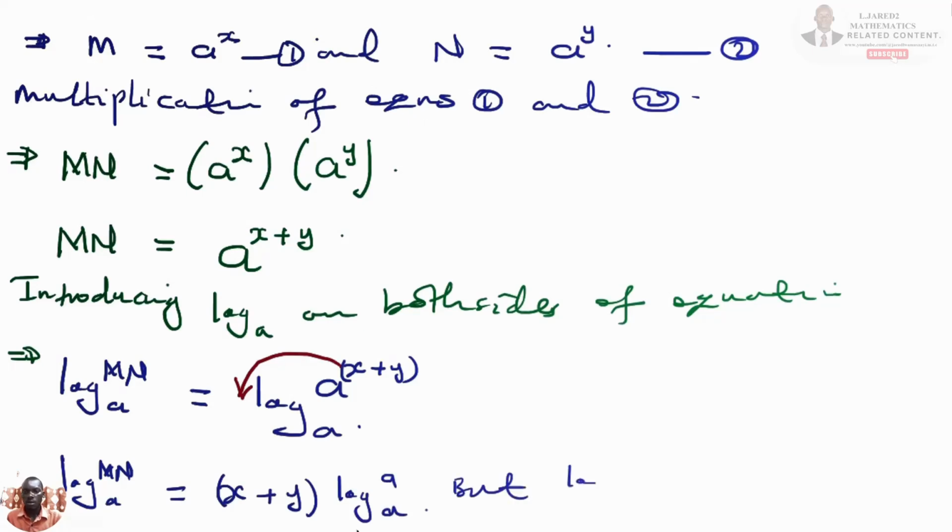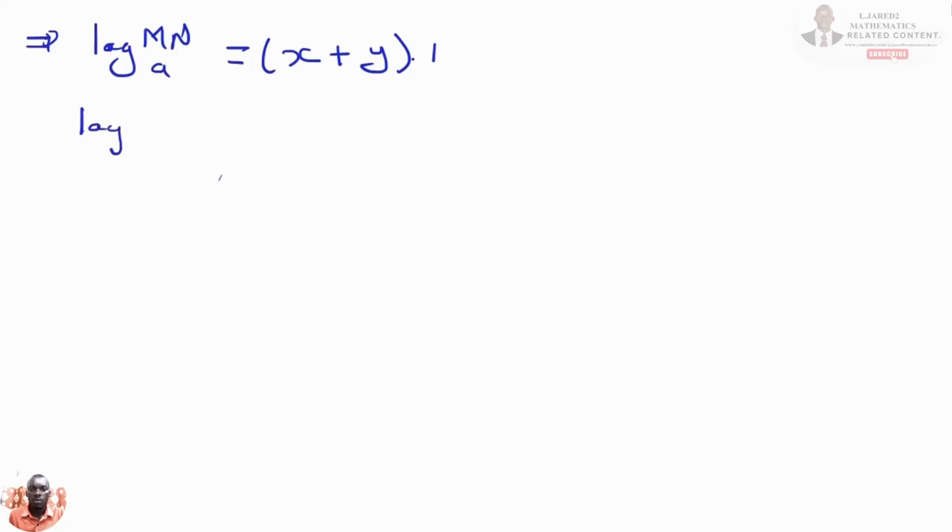But log of a base a is the same as 1, implying that the log of m n base a is the same as having x plus y multiplied by 1, meaning that our log of m n base a equals x plus y.